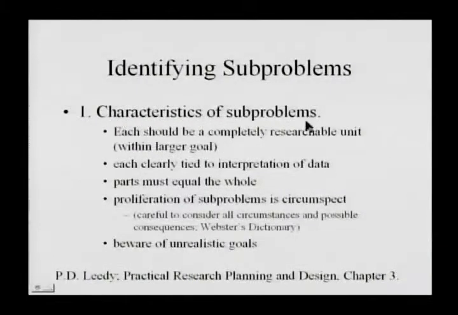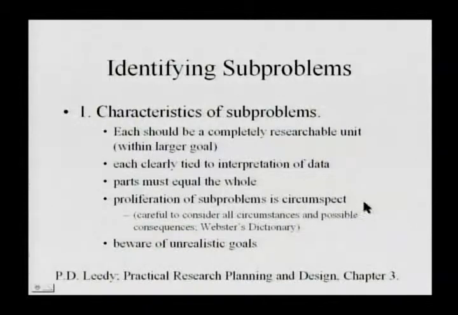So the characteristics of the subproblems: each should be a completely researchable unit within a larger goal. So subproblem being an objective under a goal. Each should be clearly tied to interpretation of data. Parts must be equal to the whole, so aims must contribute to objectives and be very clearly delineated and composed as such.